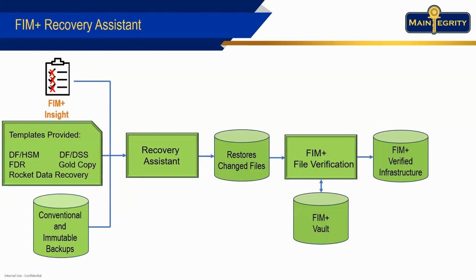So you have to automate that process so that it's not subject to human failure when something goes wrong. That all comes from FIM Plus and really our new focus on the entire cybersecurity framework that comes with FIM Plus. So it's very important that these things can be put together and use conventional and immutable backups.